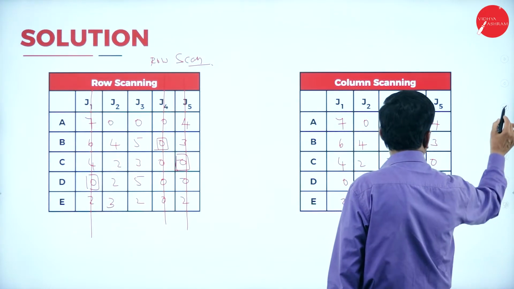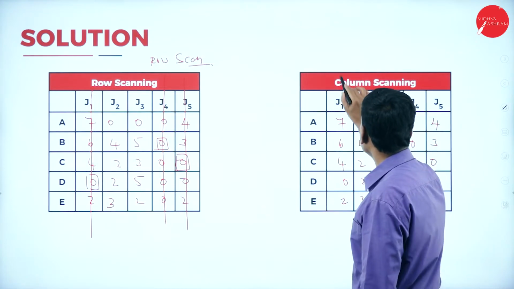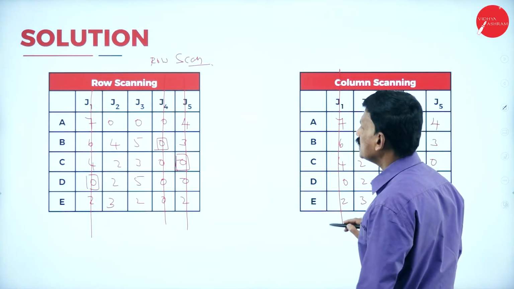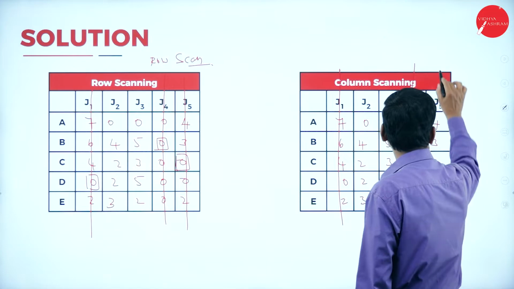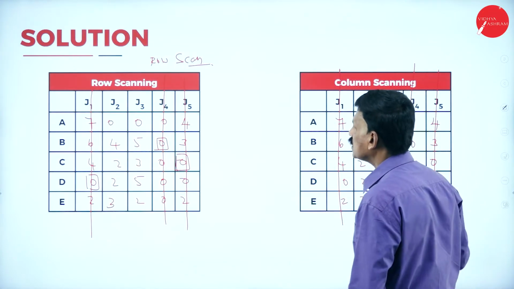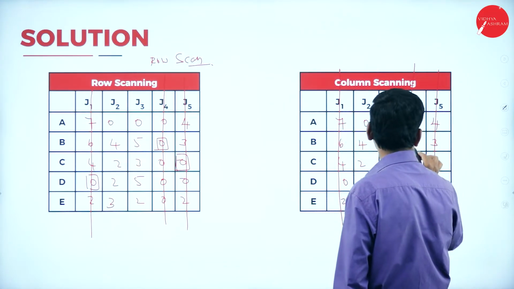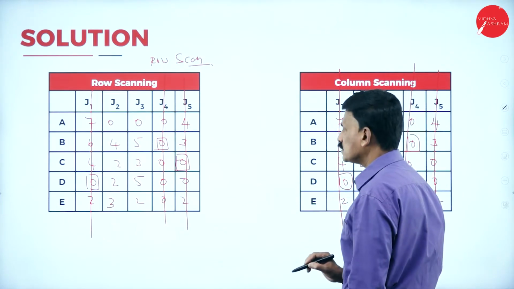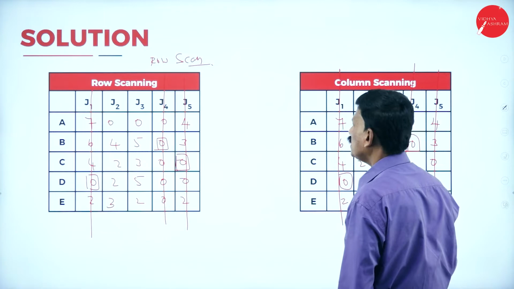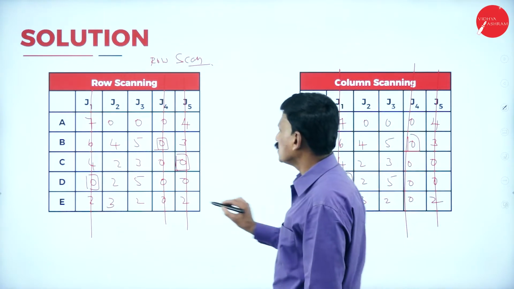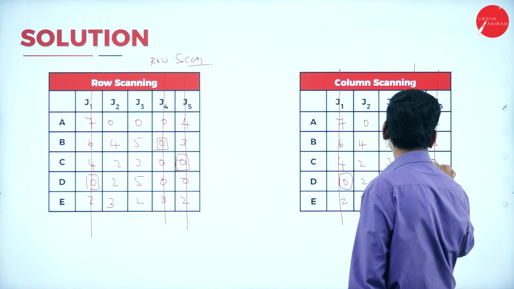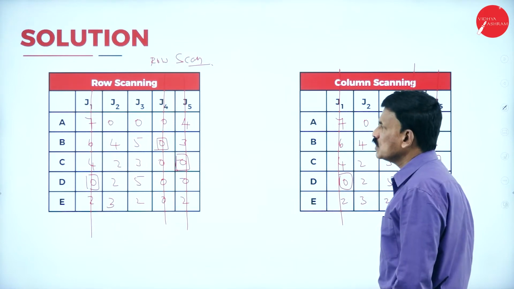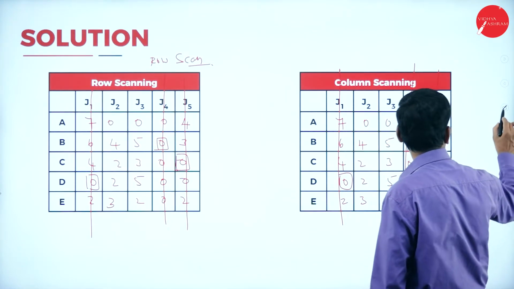Now, what are the rows we have cancelled? J1, then J4 and J5. Here we have boxed this, then D, then B is gone, then C, 3 lines.